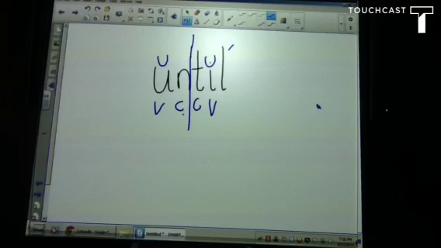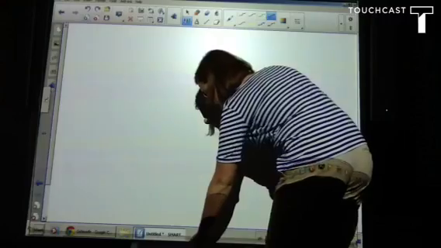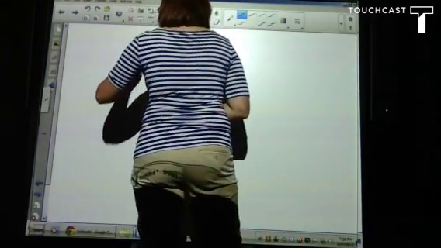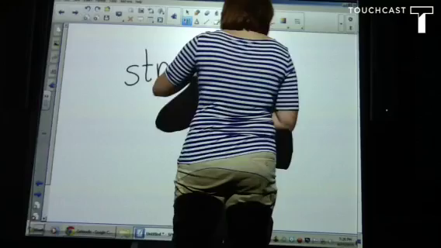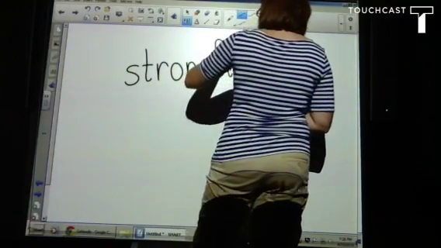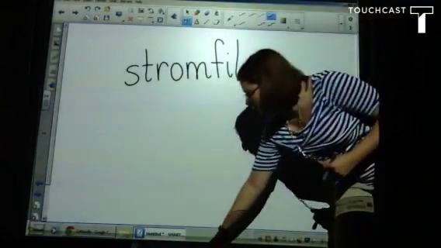One way to practice VCCV division is to divide nonsense words. Even made-up words can follow the VCCV pattern. Let's try one. How many vowels do I have in this made-up word?